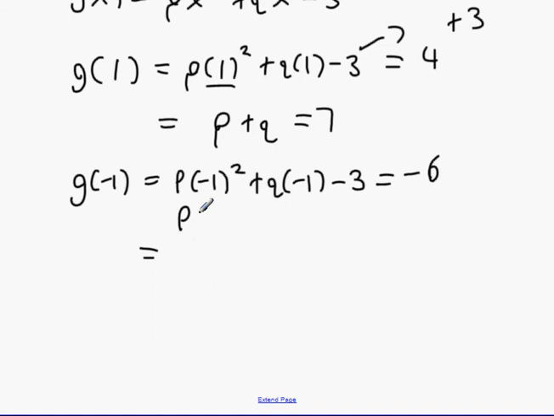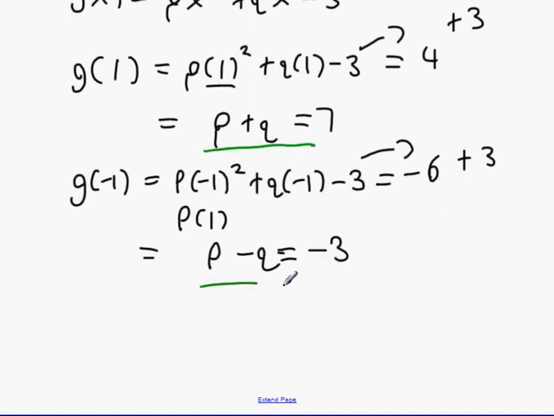Nearly. It's going to be p multiplied by 1, because minus 1 squared is 1. So p, q times minus 1. And then bring the minus 3 over to your side. It becomes plus 3. Minus 6 plus 3, minus 3.